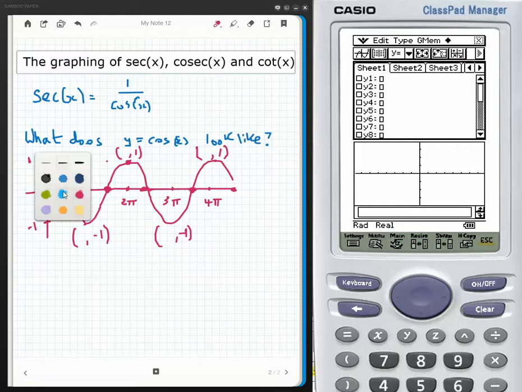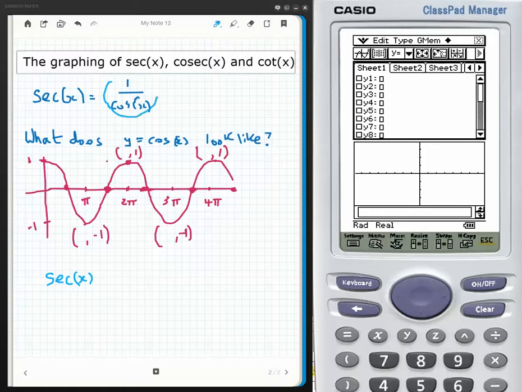So when I'm trying to calculate what sec of x might look like, it's actually going to be 1 on cos of x. So it's going to be 1 divided by whatever the y coordinate at that point was.